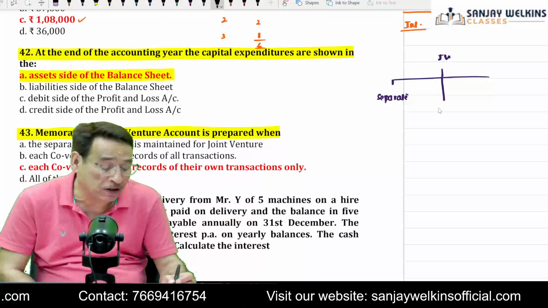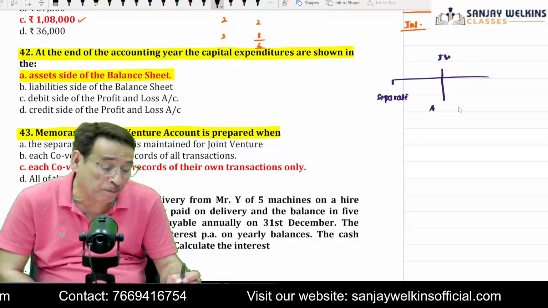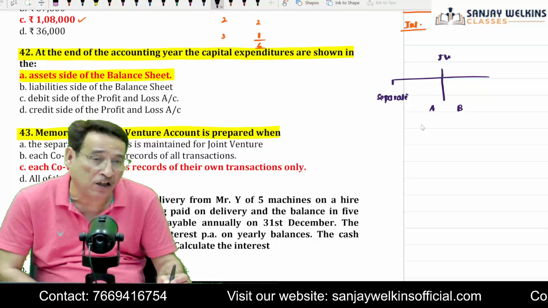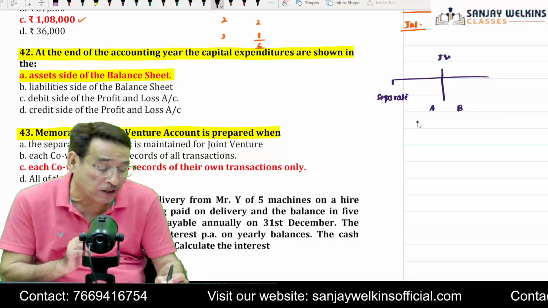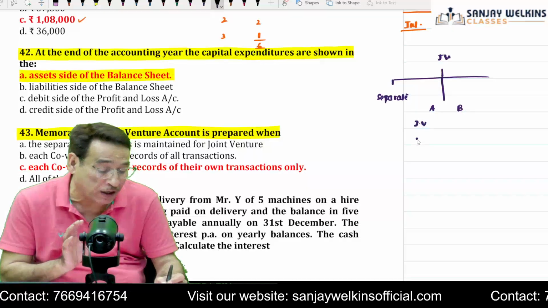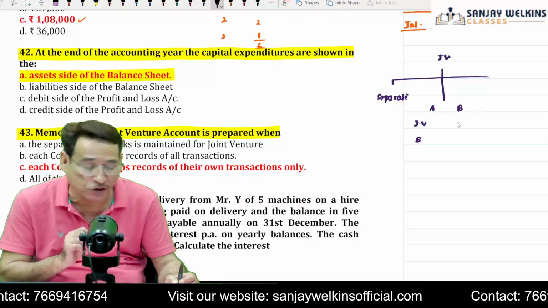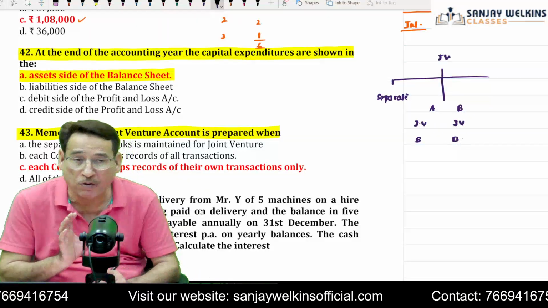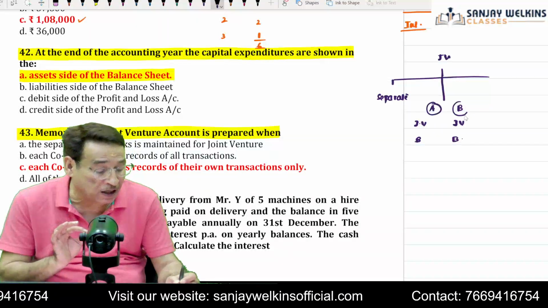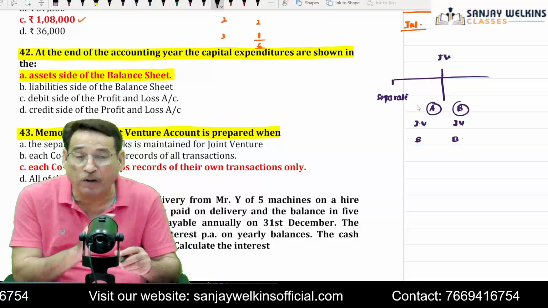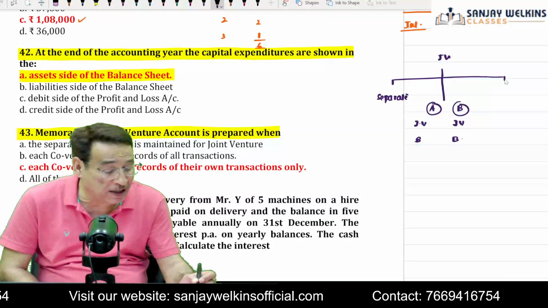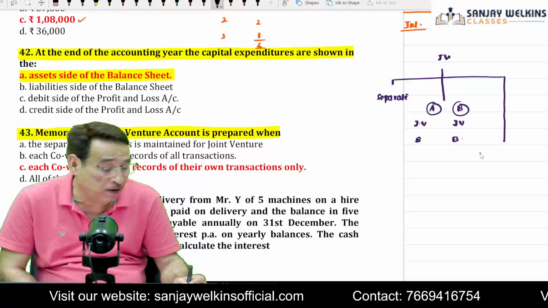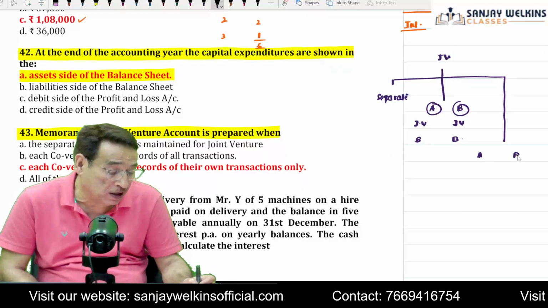Under the second method, suppose A and B are 2 co-venturers, then each party will maintain the record. For example, A will maintain joint venture account and he will also maintain other co-venturer account. Similarly, B will maintain joint venture account and other co-venturer account. Besides that, there is another method, third method. Let us say there are 2 co-venturers.